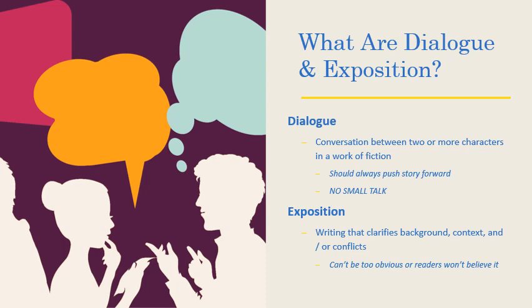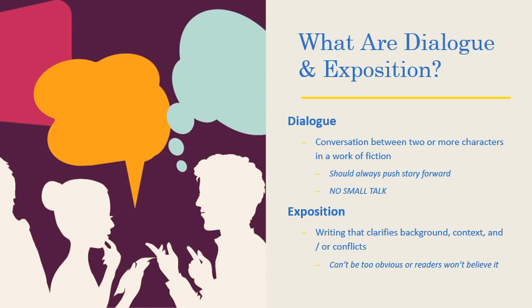What you have to be careful about with exposition is it can't be too obvious or readers aren't going to believe it. Because if you think about the way that we actually speak to each other, we don't very often sit down and have a conversation with somebody else that goes over our background or our context or our conflict.